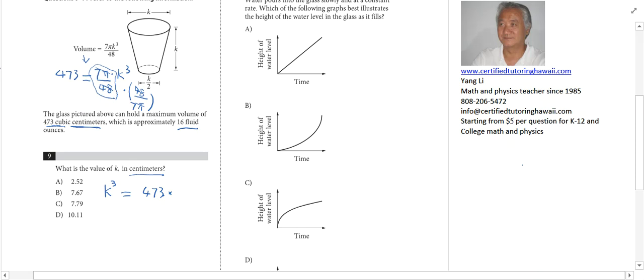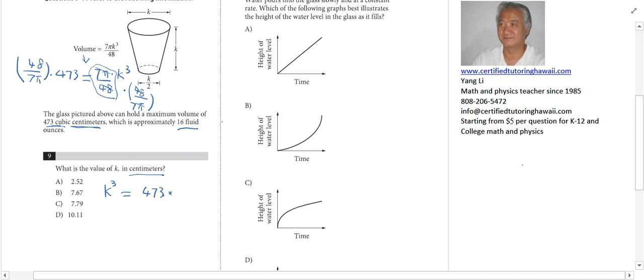So on this side, you need to multiply by the same thing, 48 over 7 pi. Both sides get the same one, right?